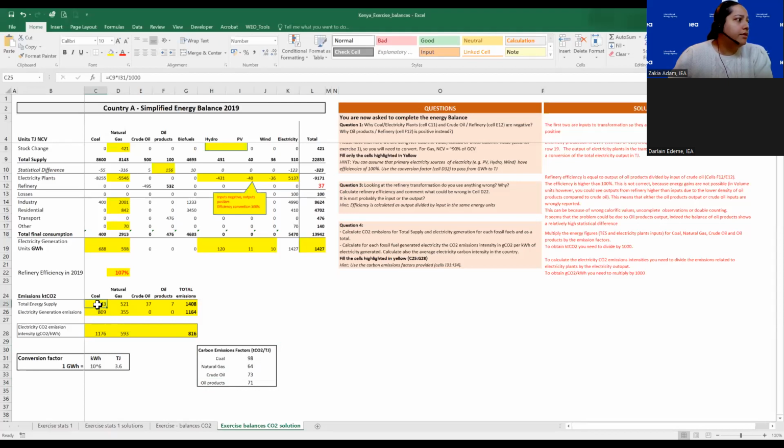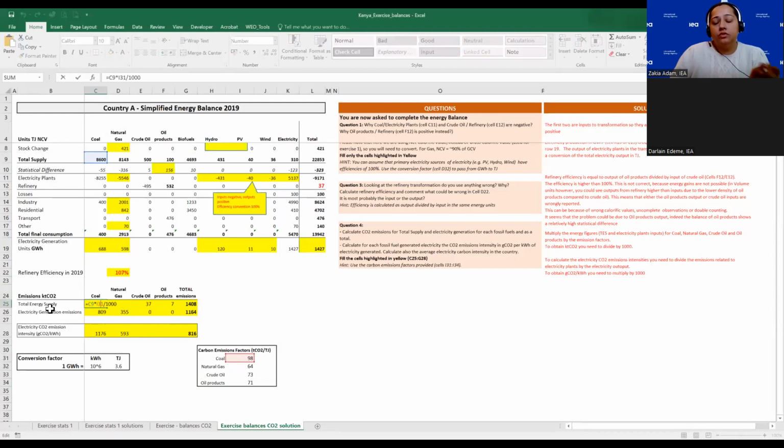So how do we calculate emissions? You take your amount of total supply for coal, you multiply it by your coal emission factor. Here the supply is in terajoule and your emission factor is in ton of CO2 per terajoule, but you want kiloton of CO2.